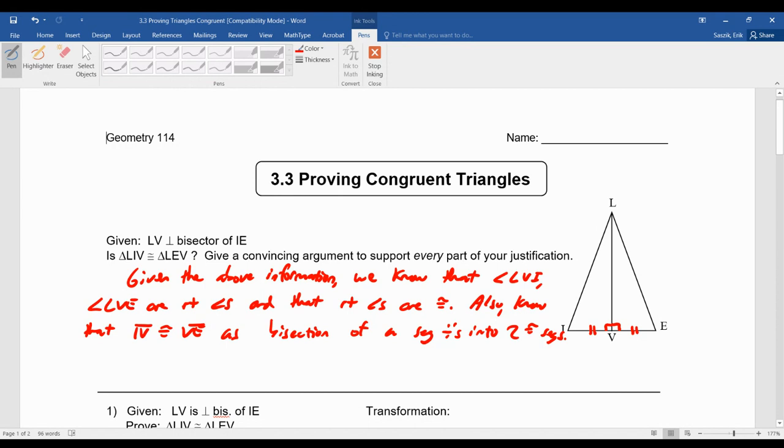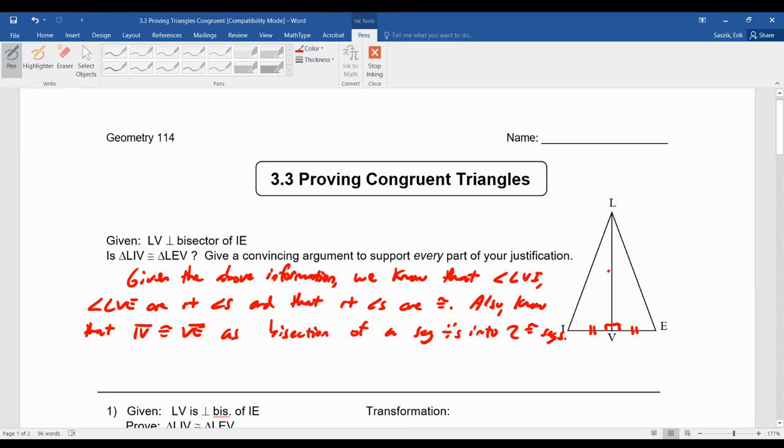Okay. Now, so we're almost there, right? Right now we have a pair of sides, we have a pair of angles, and you realize, well, if I did ASA, I'd have to have this angle congruent to that angle, but I don't know anything about those.